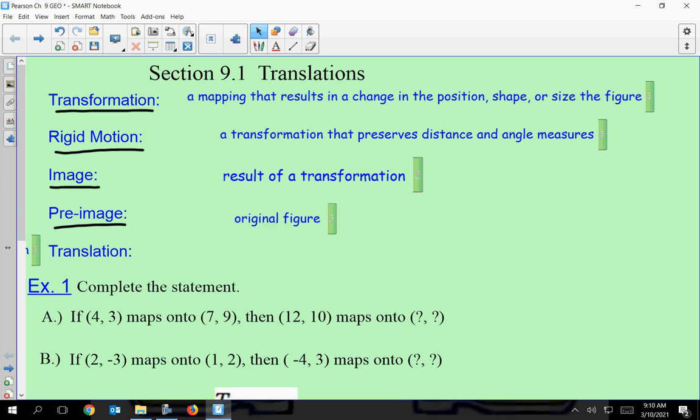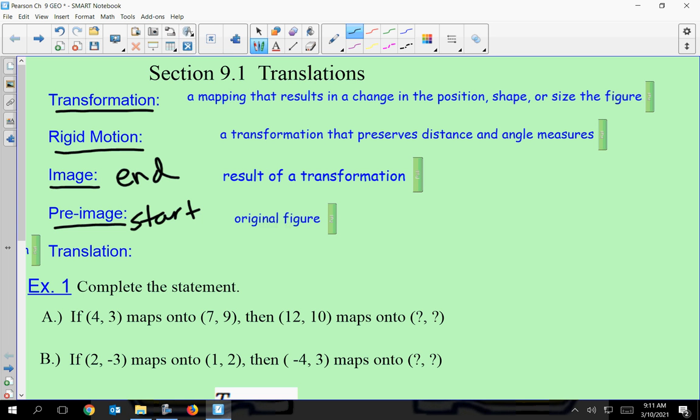So I'm in the first quadrant, I call that the pre-image. I move it into the second quadrant, and we'll learn how to do that in a little bit. When I move it to the second quadrant, that becomes the image. Okay, so we have a starting place, and we have an end place.